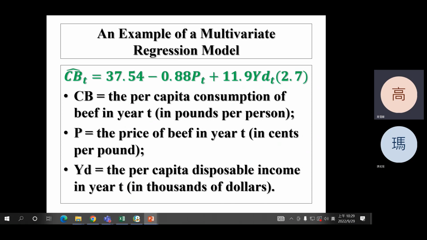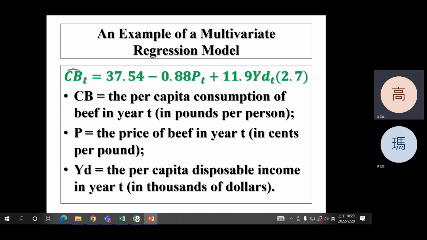Usually in economics, when we do these regressions, we want to see the relationship between the X variables and Y. And most of the time we have some basic economic theory behind it as our foundation. So before we run the regression, we have some expectation according to economic theory.